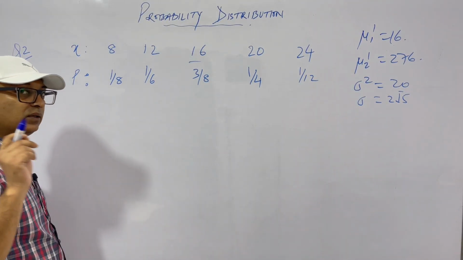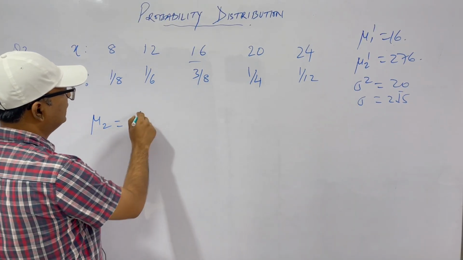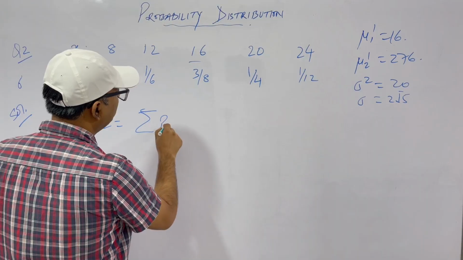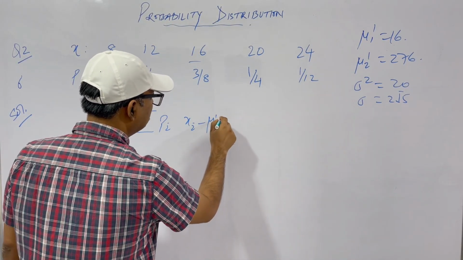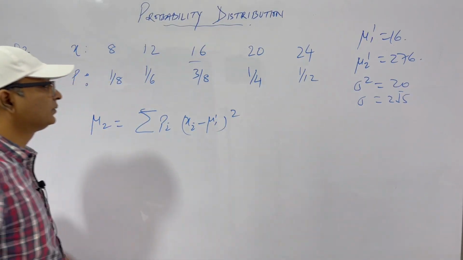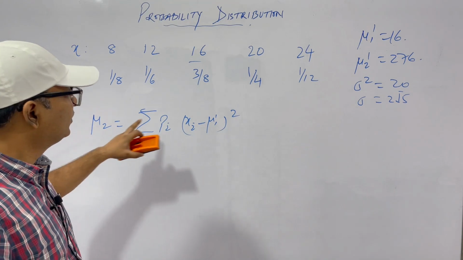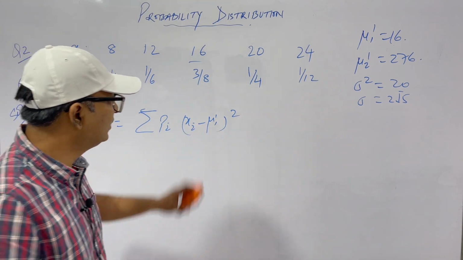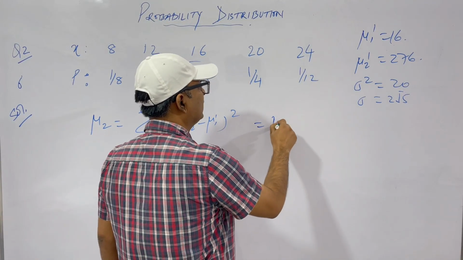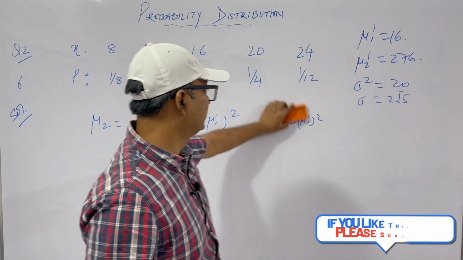From the definition of moments, we know that mu2 is sigma Pi into Xi minus mean, whole square. This is the direct definition of mu2. From this definition only we were able to find out this formula. So let us verify.